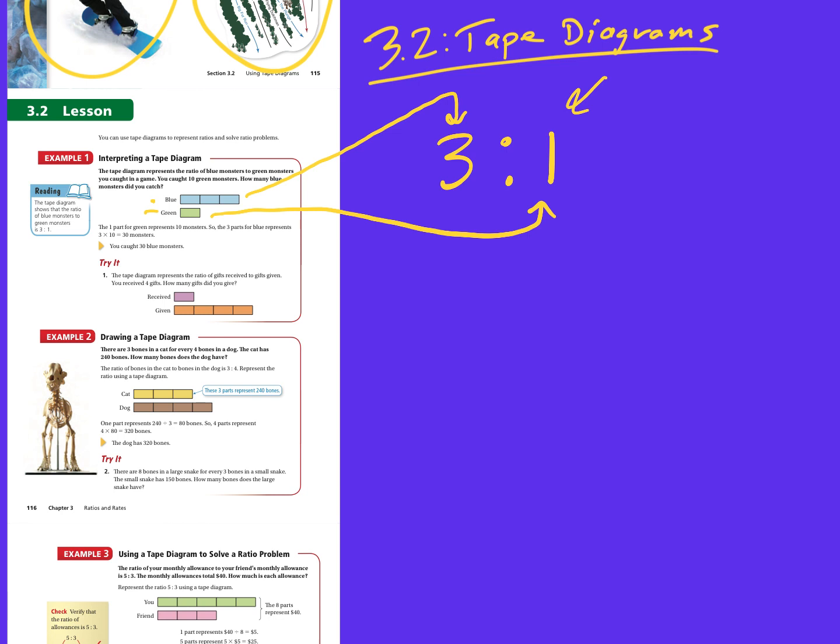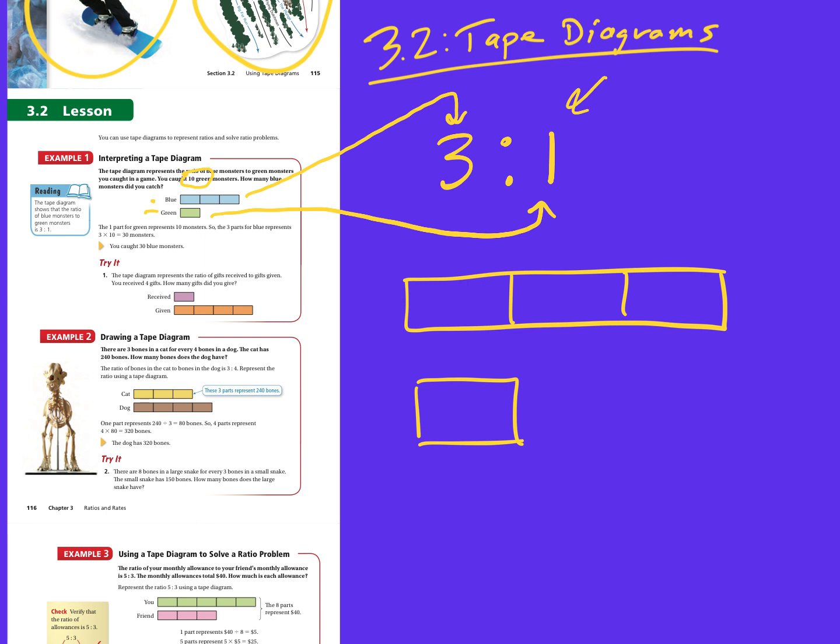If you've caught 10 green monsters, as it indicates right here, in your tape diagram, actually, let me make this one green because that would make the most sense. And then let me make the other one blue. If it says that you caught 10 green monsters, what that means is that the 10 would go into that box.